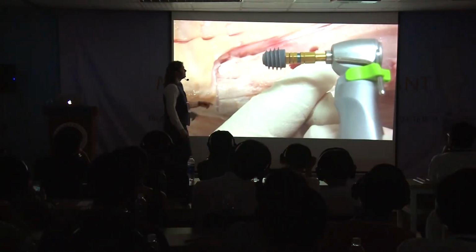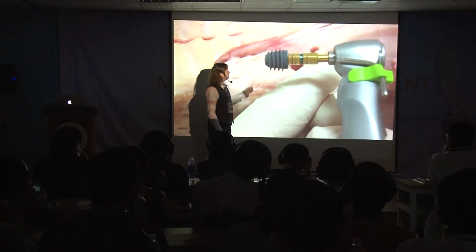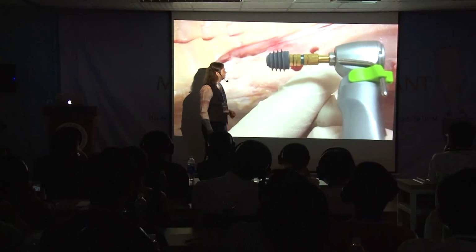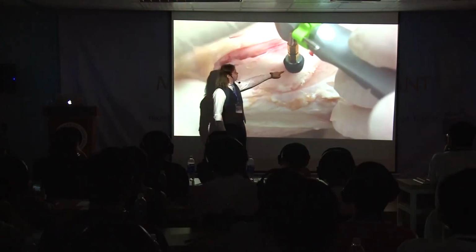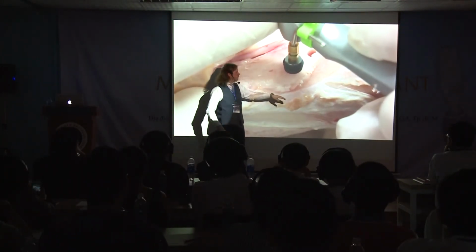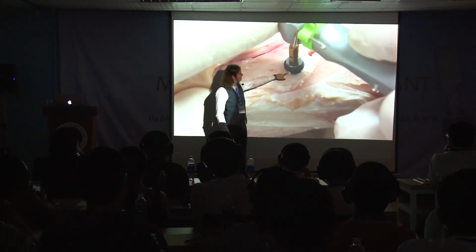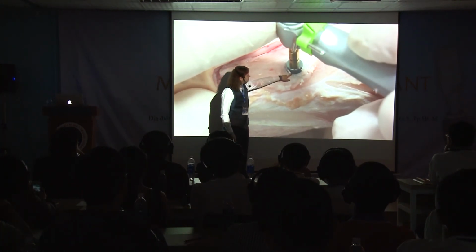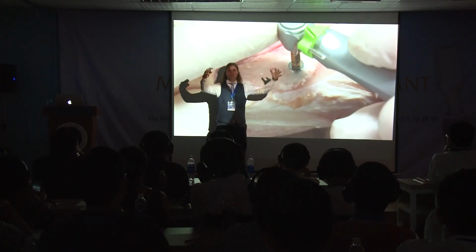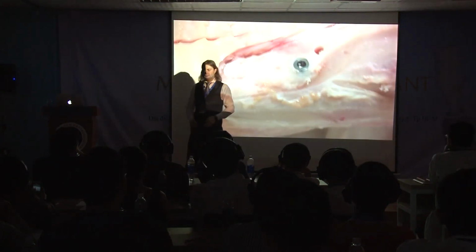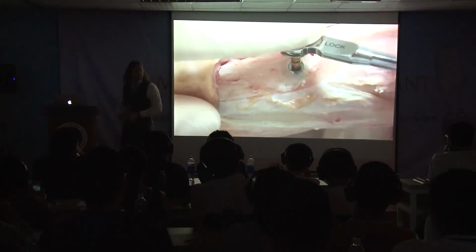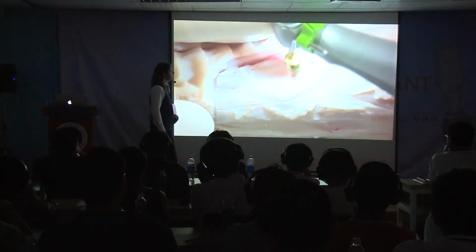There are different implants with knife threads like this one. And look what happens. It's a totally different story. The threads disappear inside the bone and the bone grows back on top of the implant. Let me show you again.